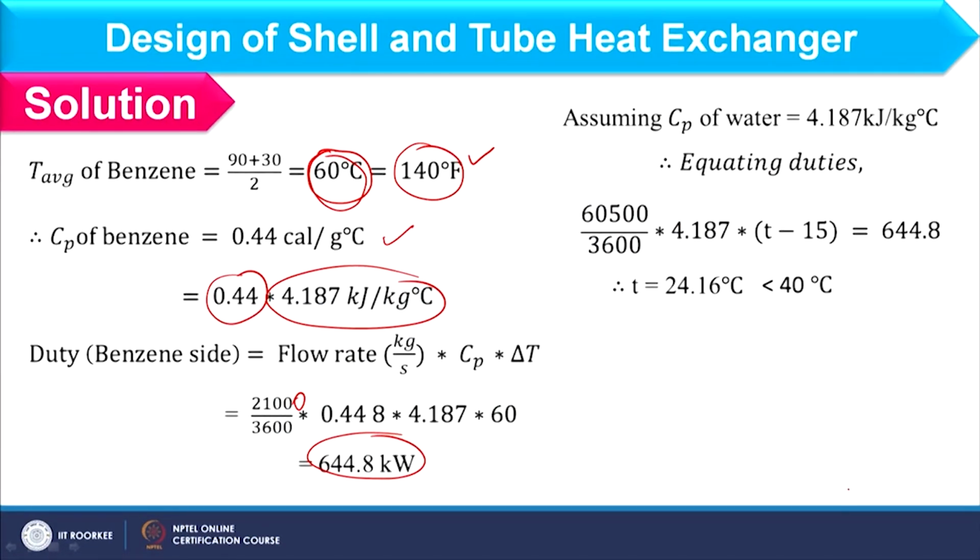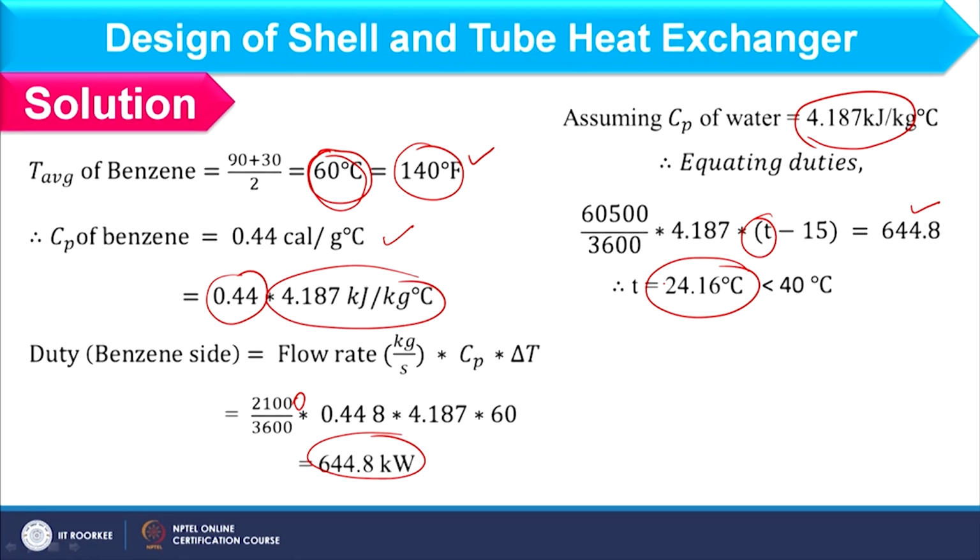So, let us see the heat balancing over water. Here I have assumed the Cp value of water as 4.187 and the total heat duty available to me is 644.8 kilowatt. So, I can find out the unknown temperature, which comes as 24.16. Okay. So, here you have to check this temperature, and that checking should be done only in the case of water.